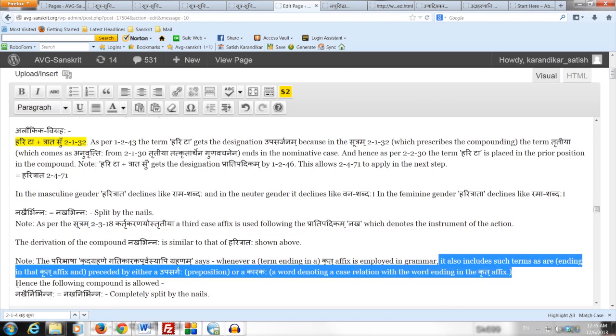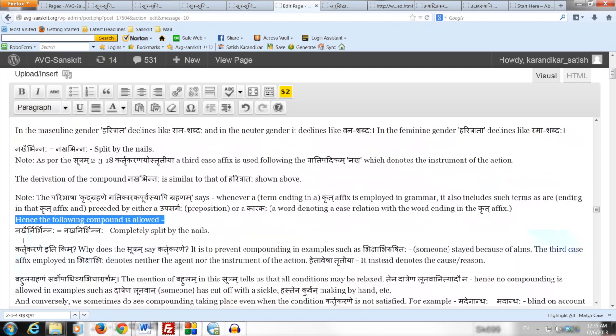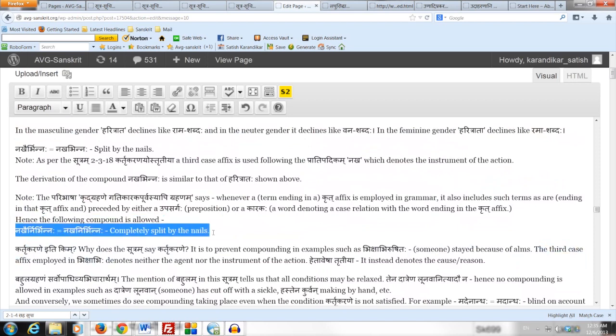Hence the following compound is allowed: Nakhair Nirbhinnaha, Nakha Nirbhinnaha, completely split by the nails. The term ending in the Krit affix is Bhinna, but as per this Paribhasha, we can also consider Nirbhinna as a kridantam and therefore justify the compound Nakha Nirbhinnaha.